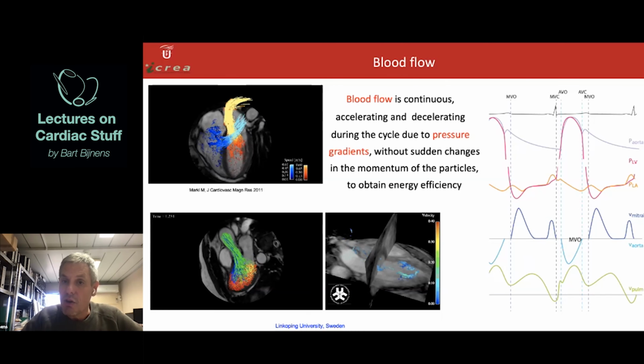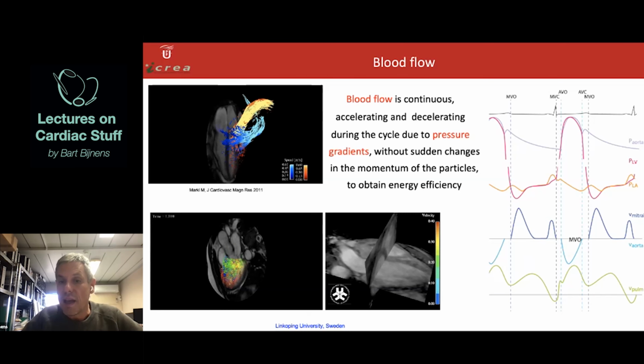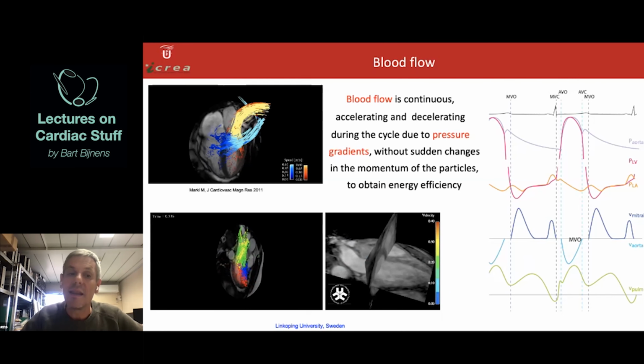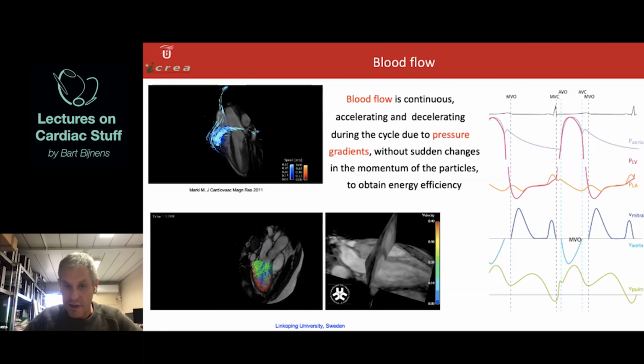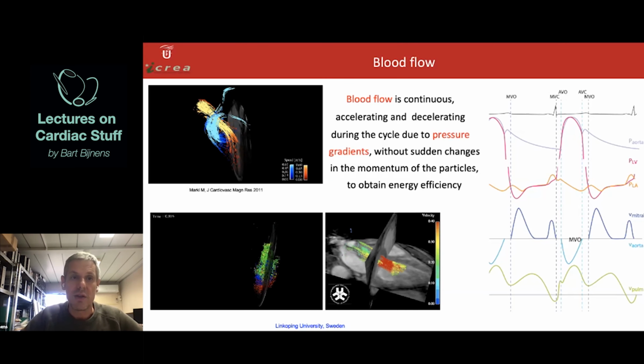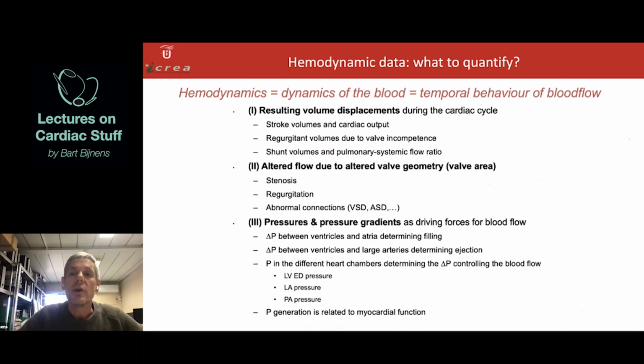So what we see here is that these pressure gradients are important. And these flow profiles will tell us something indirectly about these pressure gradients. And that's actually how we will start to do our measurements. So when we're talking about cardiac hemodynamics, we want to assess hemodynamics, and hemodynamics is obviously, by definition, the dynamics of the blood flow. And dynamics means the temporal behavior.